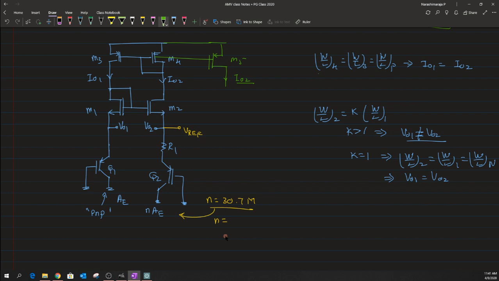Okay, now as we know that the drop across this resistance leads us to a value which is Vt into ln of n. That is the voltage drop that we have across this R1, which mimics our PTAT circuit.